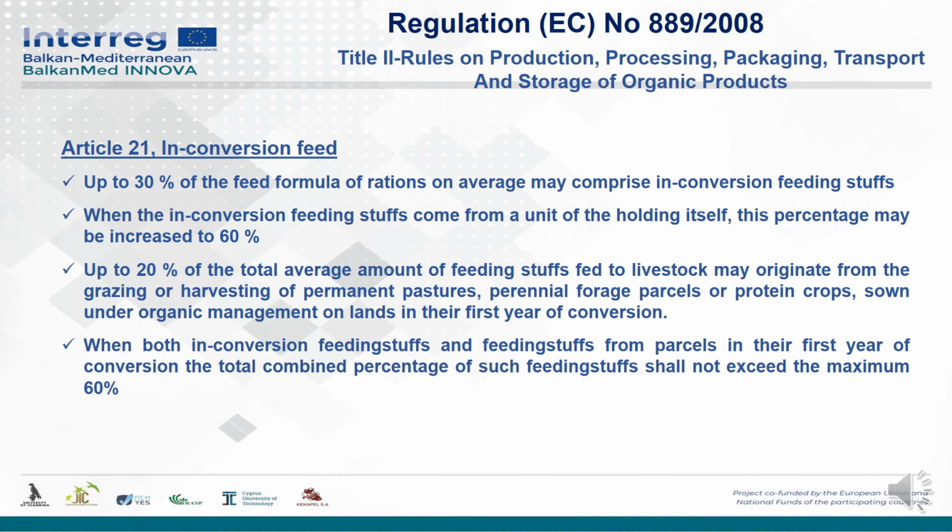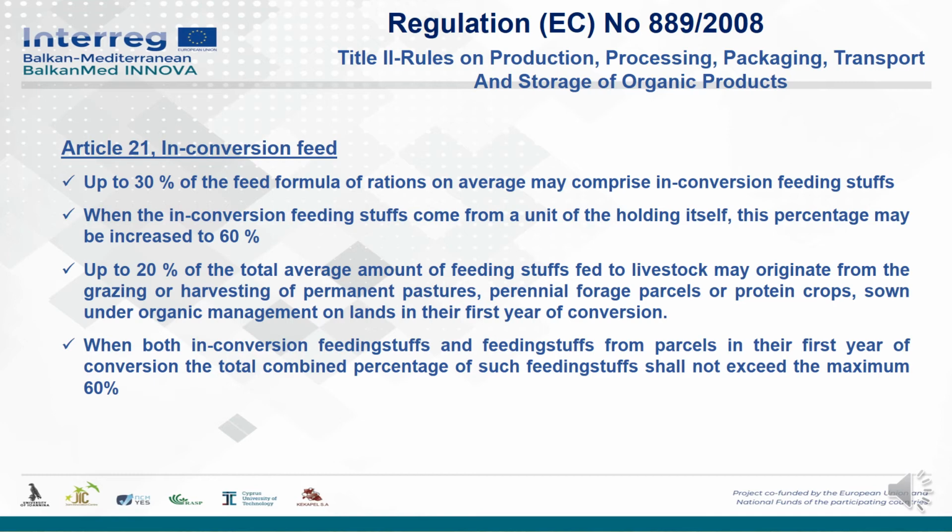Article 21. In-conversion feed. Up to 30% of the feed formula of the ration on average may comprise in-conversion feeding stuffs. When the in-conversion feeding stuffs come from a unit of the holding itself, this percentage may be increased and can go up to 60%.